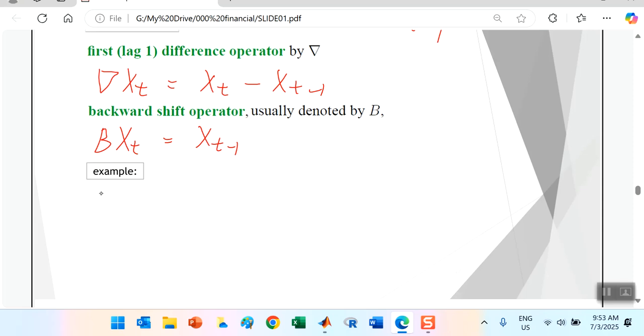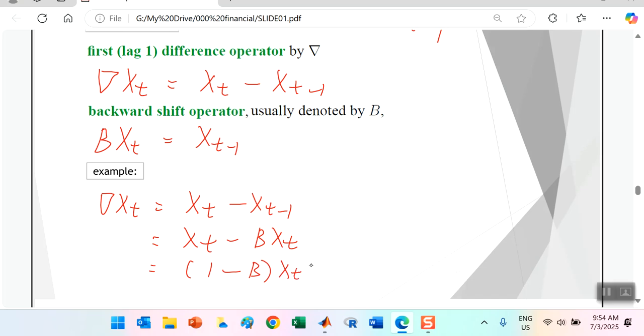In short, to see the relationship between the difference operator and the backward shift operator, you can rewrite the equation in this particular form. Xt minus Xt minus 1, where Xt minus 1 is the back shift of Xt, can be rewritten as 1 minus the back shift operator on Xt.